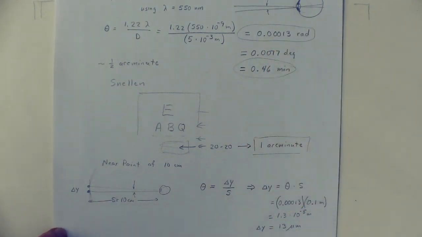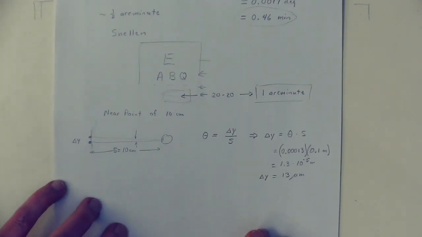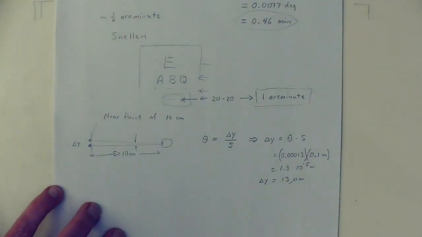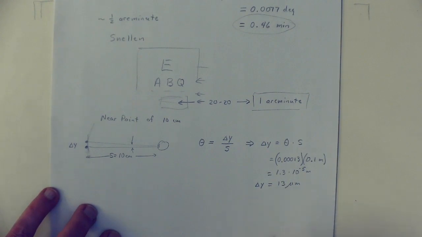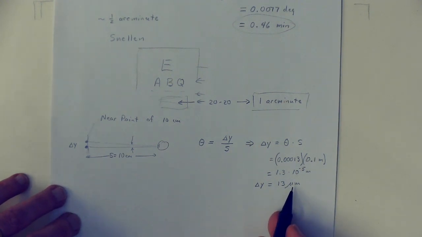Now, in fact, we don't. We probably don't have vision that's that good, although some of us would come maybe quite close to that. As I say, when my students have measured things, they get numbers in that range. So you might be able to see, if you have a near point of 10 centimeters, two objects 13 micrometers apart, and distinguish them as two objects.